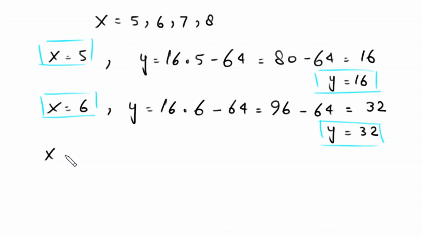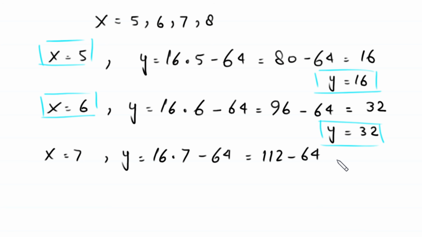Now when x is equal to 7, then y will be equal to 16 times 7 minus 64, equal to 112 minus 64, and this is equal to 48. So when x is equal to 7, then y will be equal to 48. So from here we get another pair, 7 comma 48.